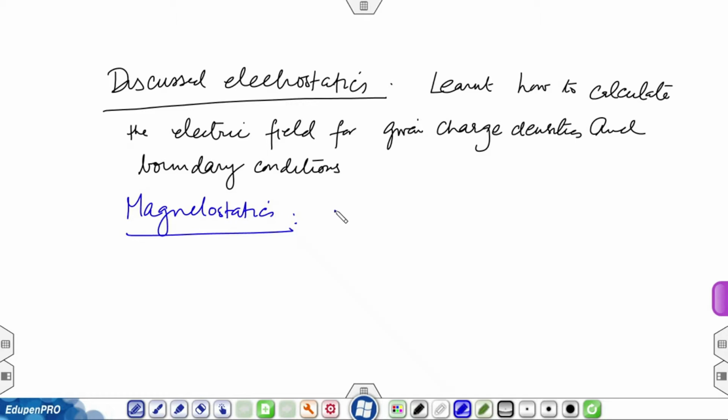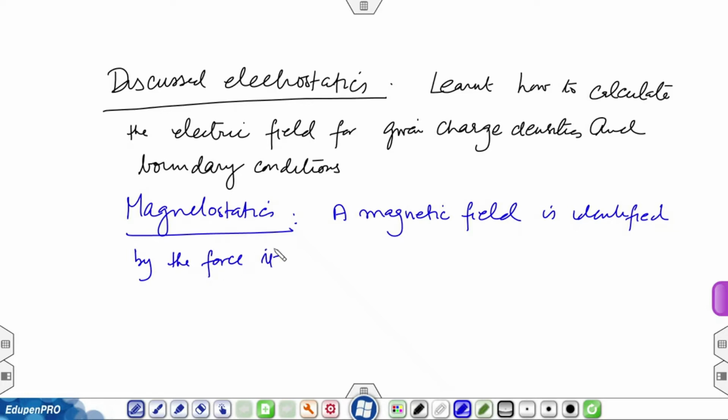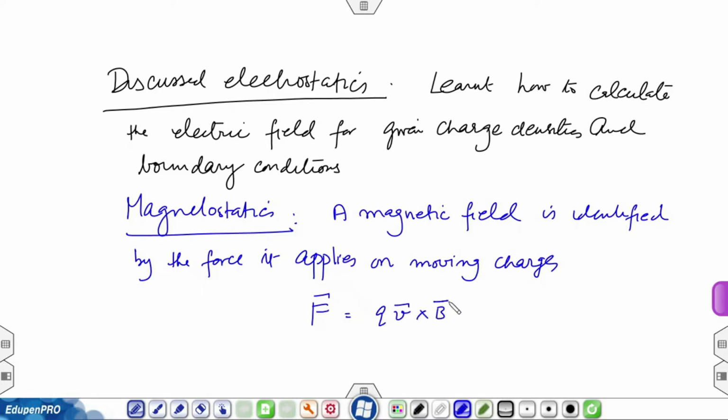So, to begin with, a magnetic field is identified by the force it applies on moving charges, known as the Lorentz force, which is F equals Q V cross B. So, unless a charge is moving, a magnetic field will not apply a force.